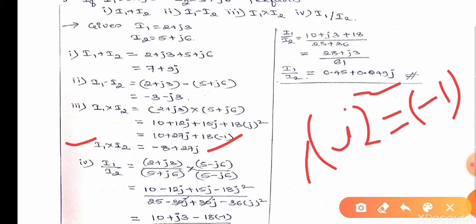By solving this, you will get 10 plus j3 minus 18 into minus 1. So you will get as an answer 0.45 plus 0.049j.